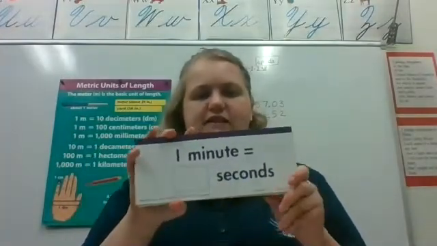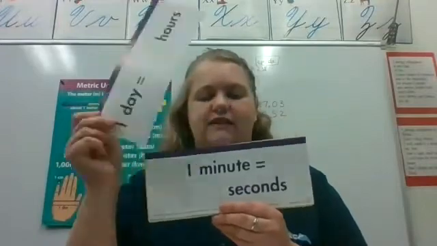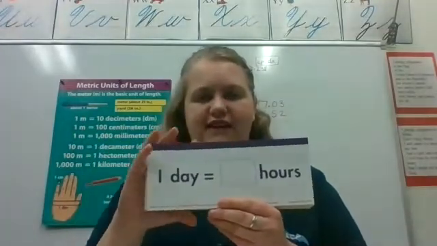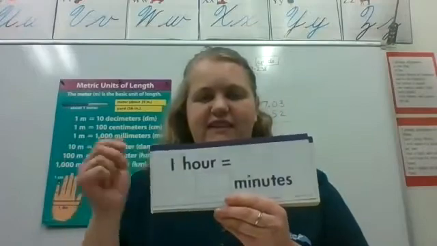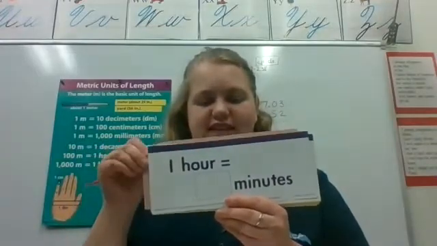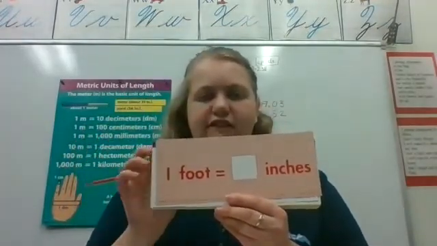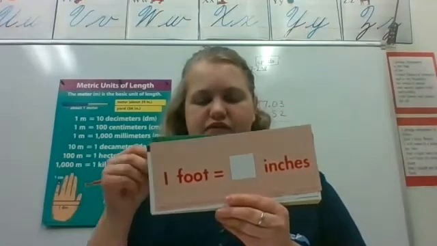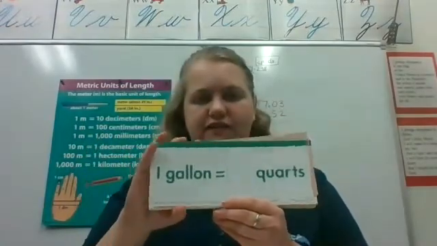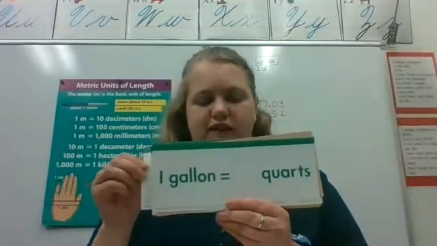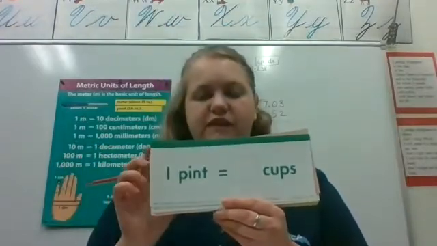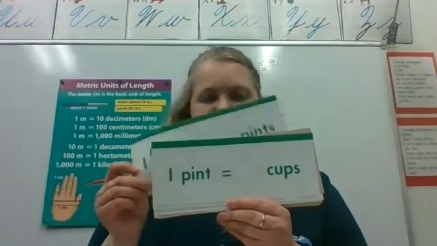Seconds in a minute. That would be 60 seconds. Hours in a day, 24. Minutes in an hour, 60. Inches in a foot, 12. Quarts in a gallon, 4. 4 quarts in a gallon. Cups in a pint would be 2.